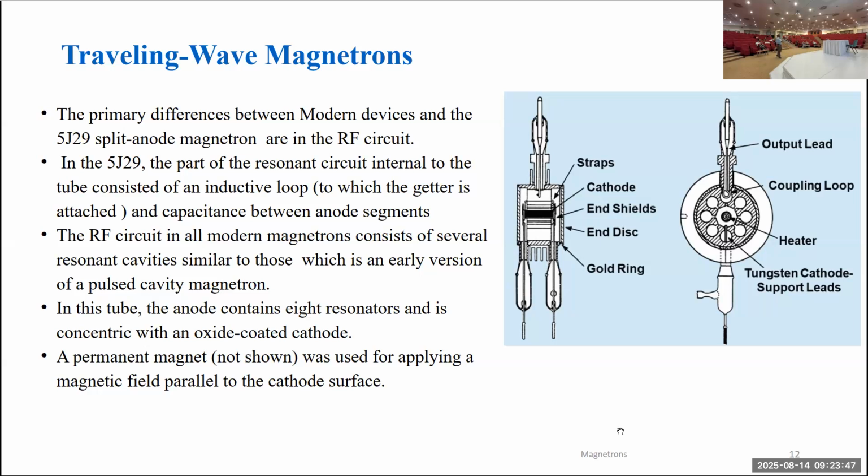In this tube, the anode contains 8 resonators, and these are concentric with the oxide-coated cathode. A permanent magnetic field can be used, or an electromagnetic field can also be used. The advantage of the electromagnetic field is that you can operate at different points, because you have the liberty to change the magnetic field, and your anode voltage as well.